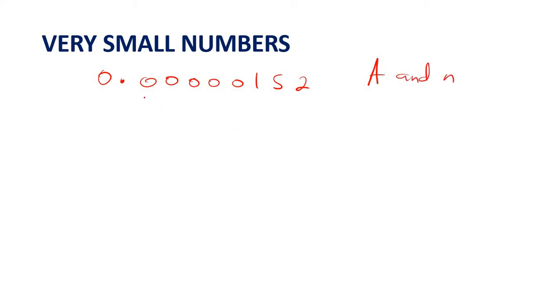Now I'm going to move the decimal point out until I have my first significant digit before the decimal, because I need the first significant number before the decimal. Moving out is negative.